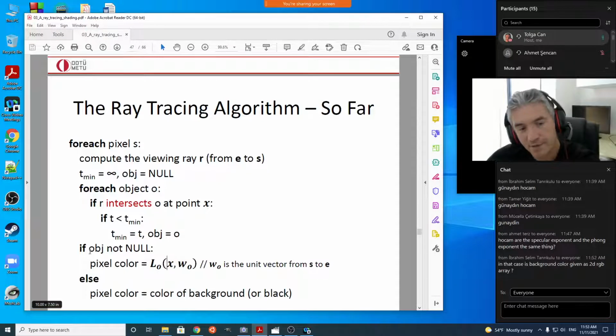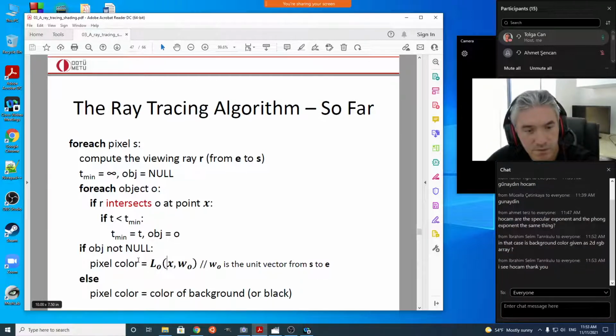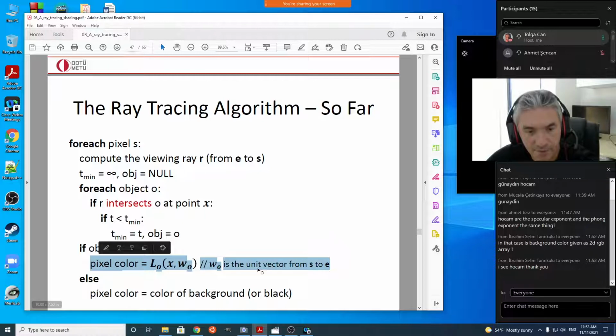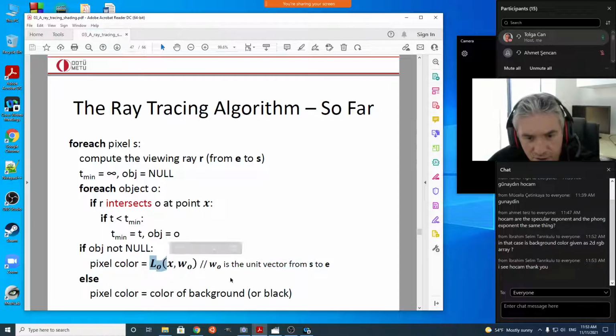But if our ray intersects with an object, we just set the pixel color. This is, I think, the object color, the one that uses the basic illumination model.